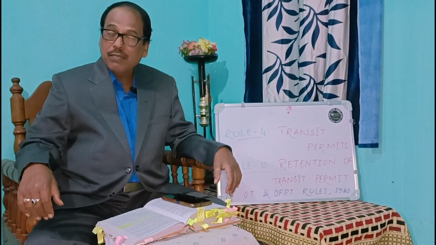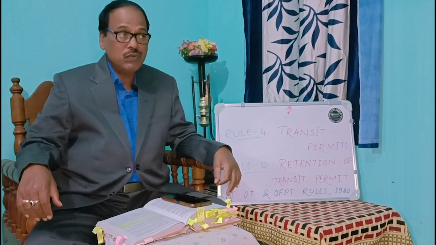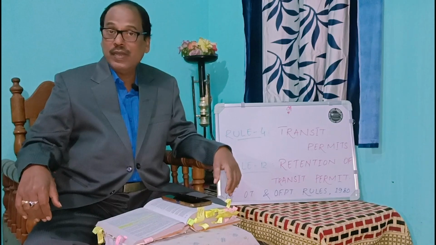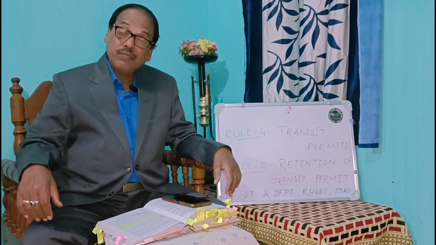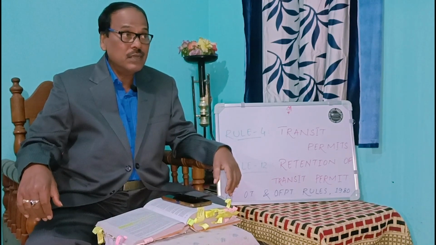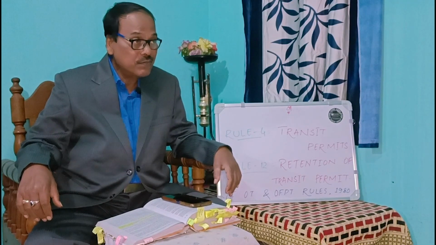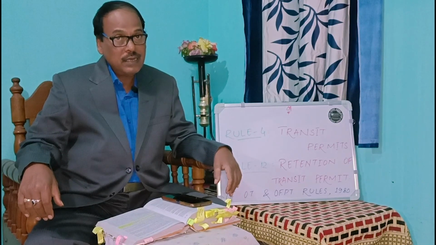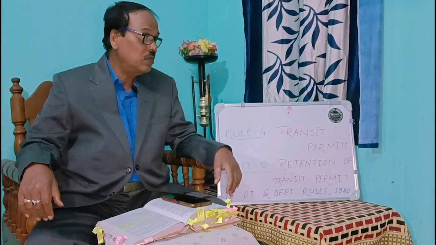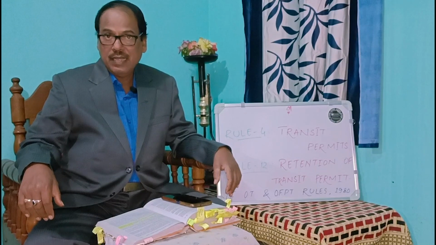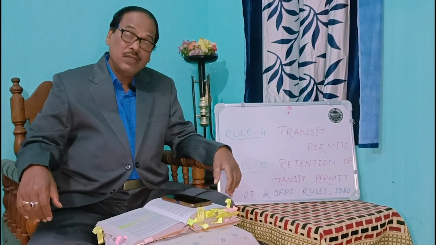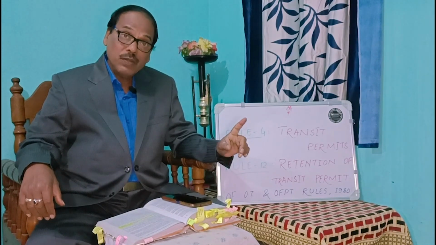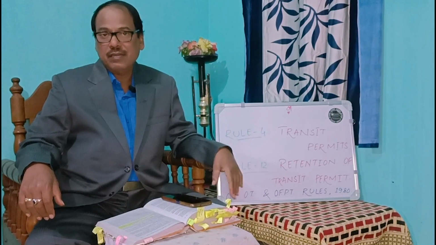For example, one forest produce was transported from point X to another point Y. From point X, when the transit permit is issued at that point, then the forest produce will transit from point X to point Y. If the direction has been mentioned, the produce will follow the particular direction.